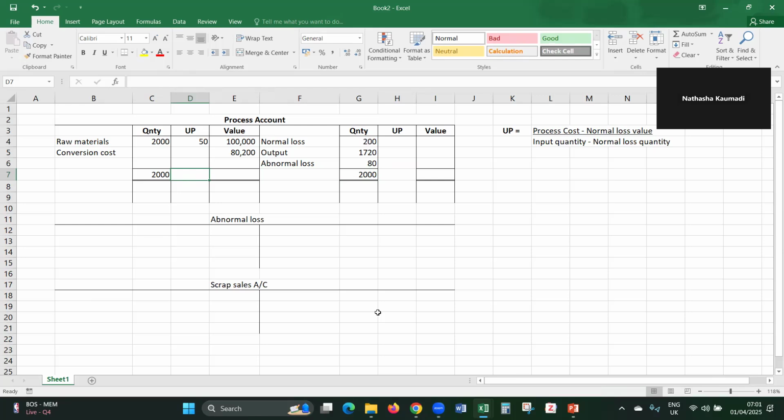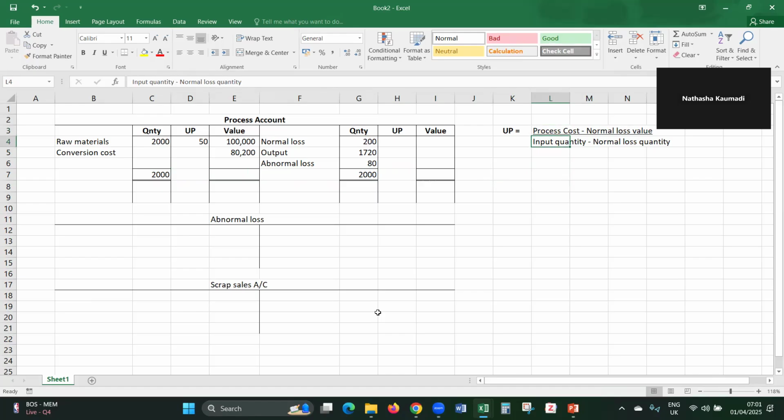Now the next step is to calculate the unit price, okay? Now, as you can see, I have the formula as well. Unit price equals, you take the process cost and you remove the normal loss value.